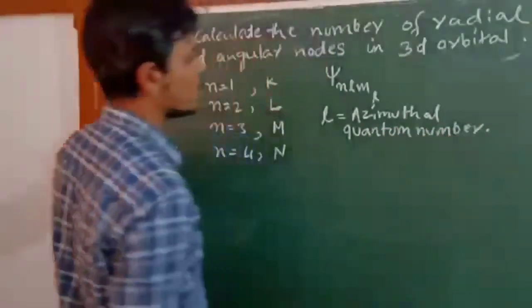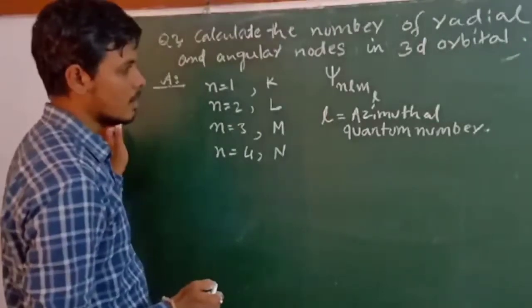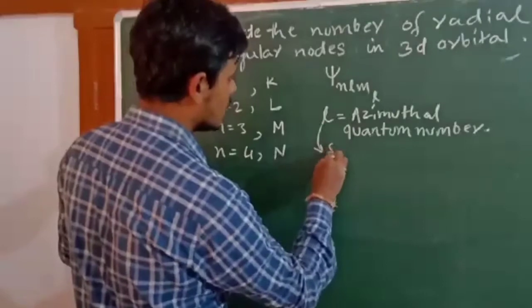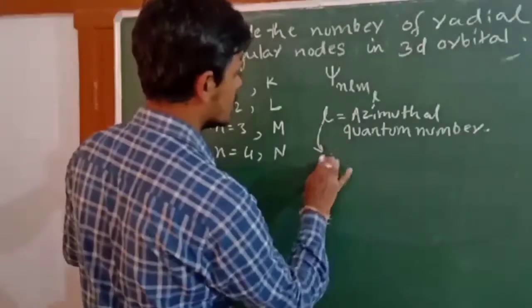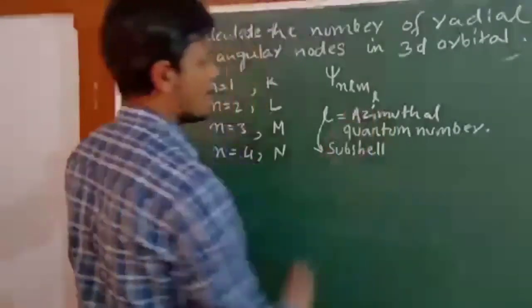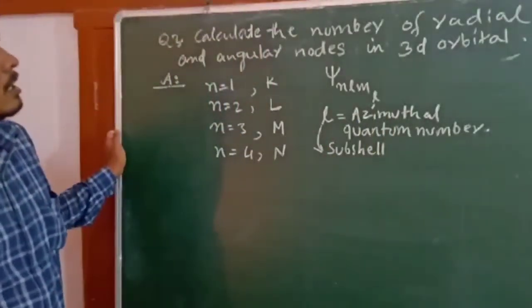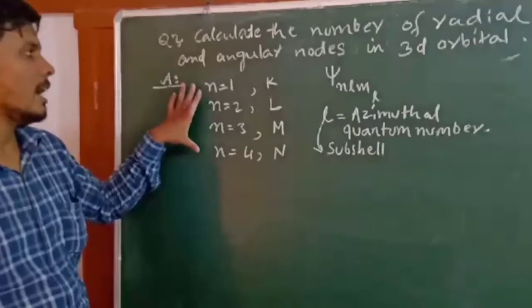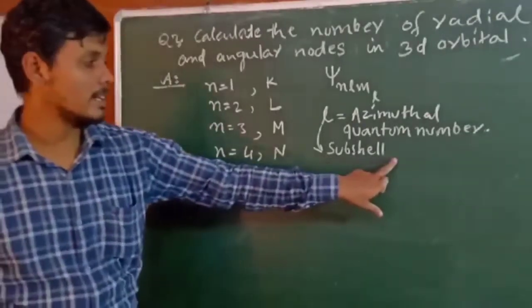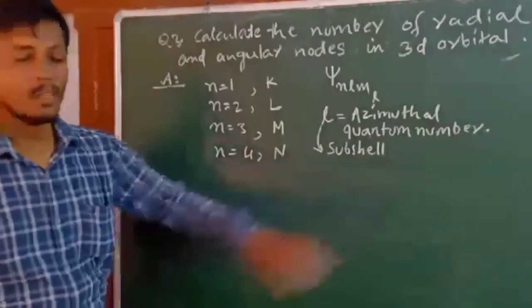So l is called the azimuthal quantum number, which tells me about the subshell. So n tells me about the shell, l tells me about the subshell.